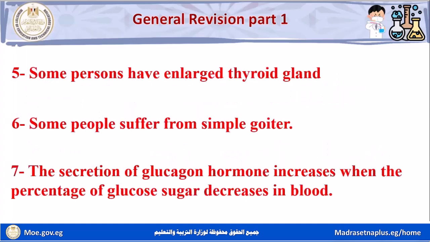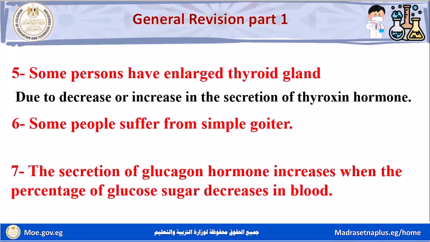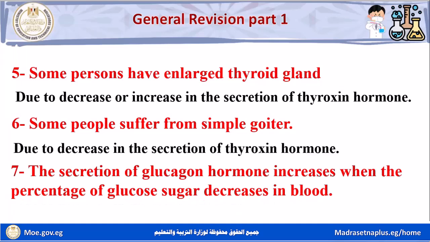Question number 5. Some persons have enlarged thyroid gland due to decrease or increase in the secretion of the thyroxine hormone. Question number 6. Some people suffer from simple goiter due to decrease in the secretion of thyroxine hormone.